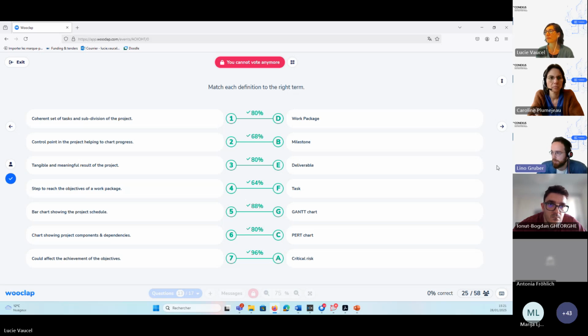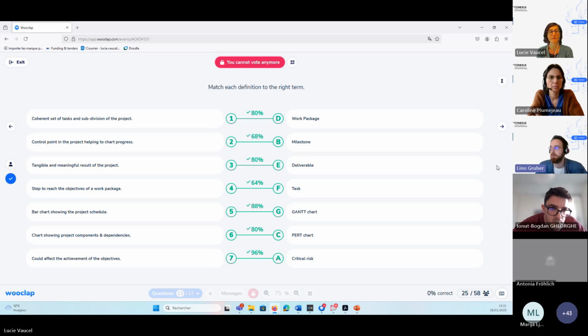Then we've got also the Gantt chart, which we will mention a little bit more. It's a tool that's used to show the project schedule. So at what point in time do the different project components appear? Project components meaning work packages, tasks, deliverables, milestones.